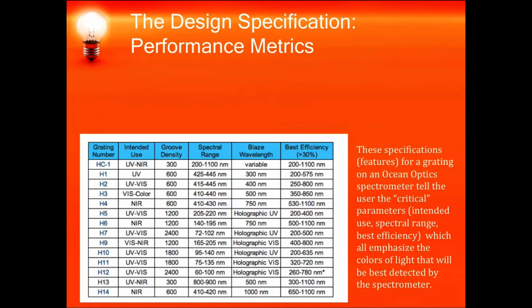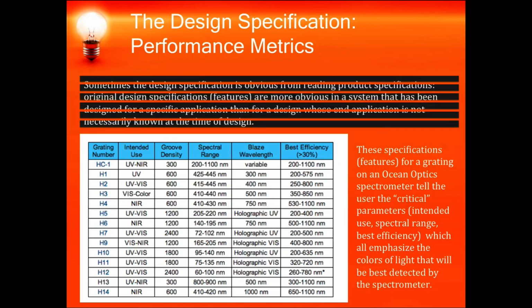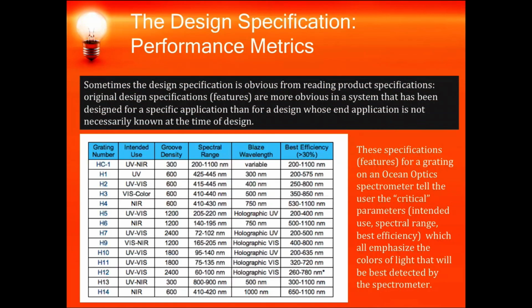To further explore performance metrics, let's take a look at a product specification. This example is for an Ocean Optics spectrometer, but most technical products contain some sort of product specification in their documentation. The product specification gives us some clues about what the design specification might have been.